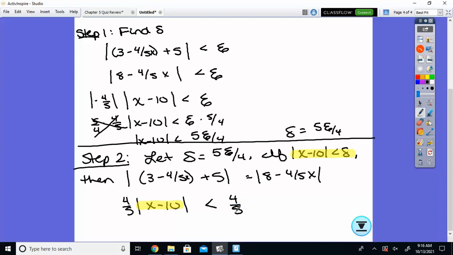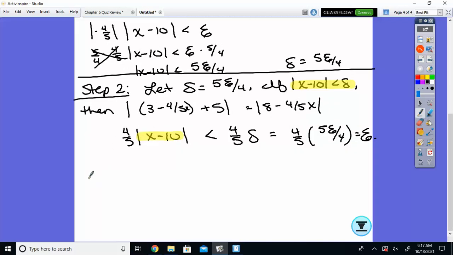So this has to be less than 4/5 delta. But what's delta equal to? Which equals epsilon. So you're done once you can get that less than and your epsilon in there. So we have proved it.